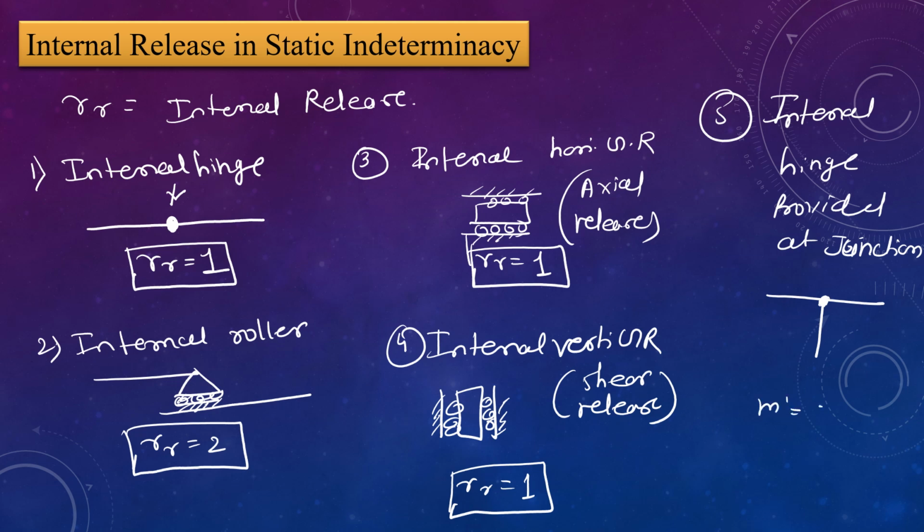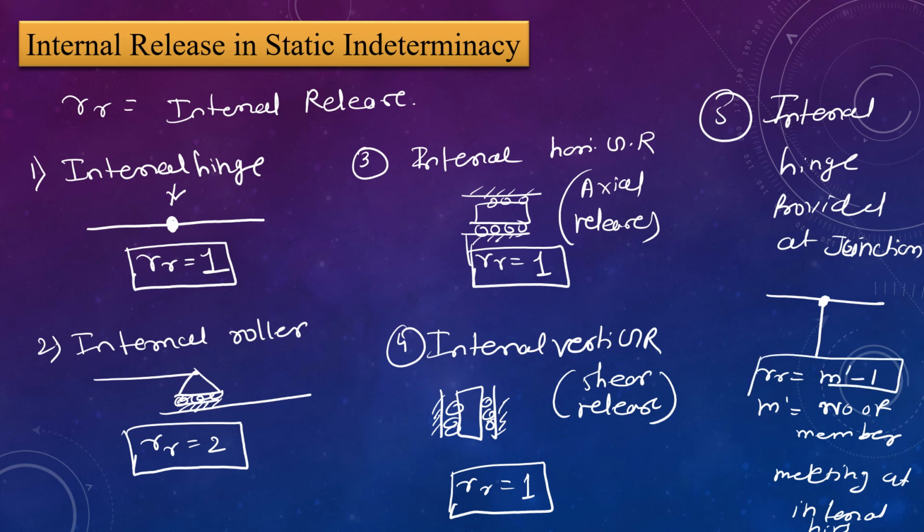M dash is equal to the number of members meeting at the internal hinge, and the formula to calculate the internal release is RR is equal to M dash minus 1. So for this junction M dash is equal to 3 and RR is equal to 3 minus 1, equal to 2. This is how we find the internal release in static indeterminacy.